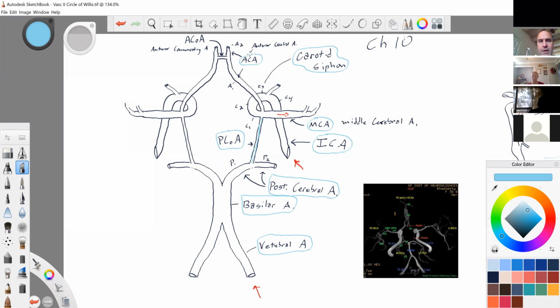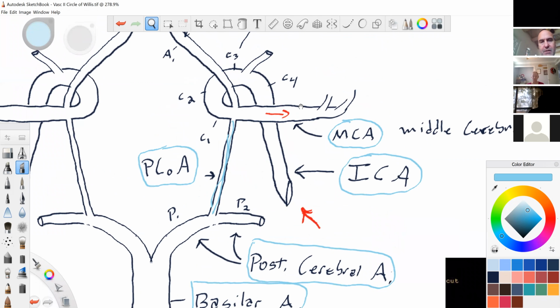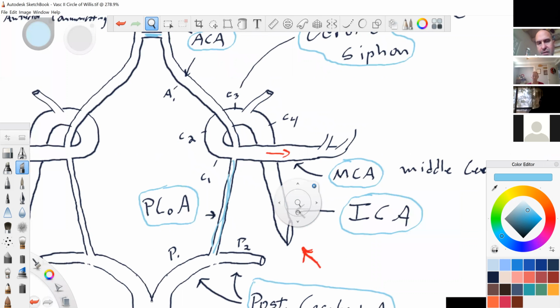Anterior cerebral artery, anterior communicating artery, which is just only this little piece right here. I did forget one artery. Let me come in because this is kind of important. We've mentioned this before.